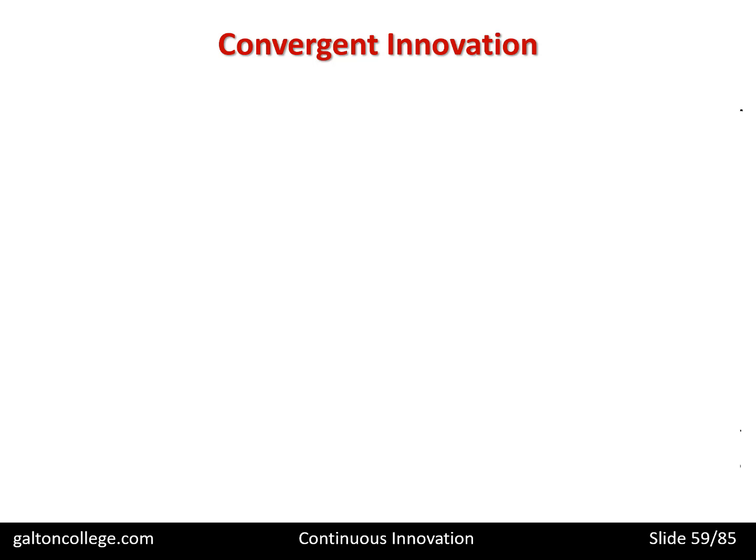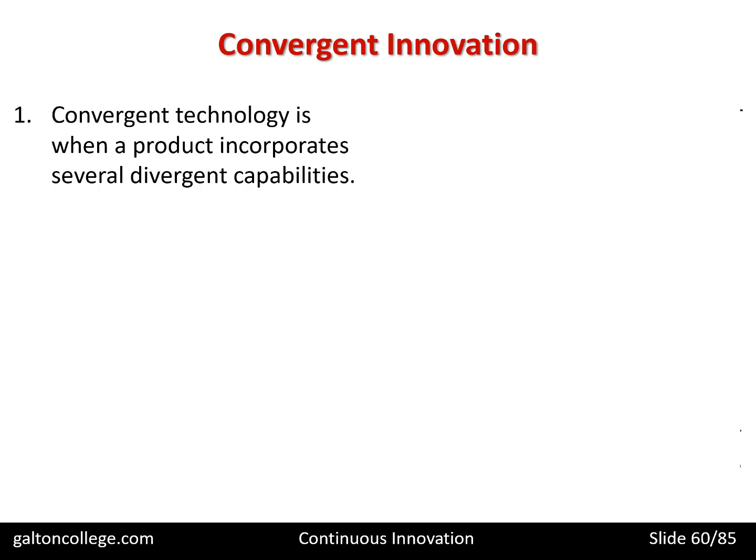Now, convergent innovation. Well, convergent technology is when a product incorporates several divergent capabilities. In other words, there are different capabilities, there are different aspects to the product, and the product incorporates all of these. For example, a modern smartphone.